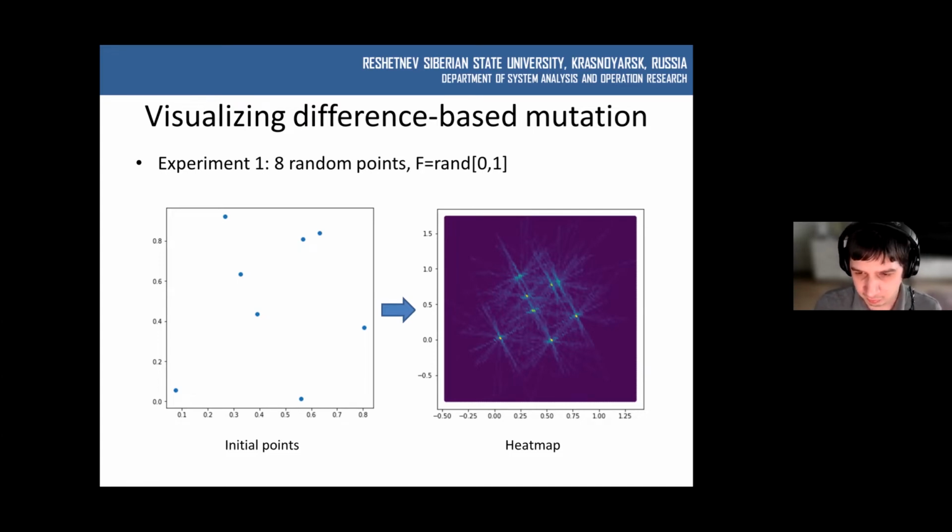Okay, but you can see one important thing here. If we sample uniformly, we see that most of the points end up close to the original points, which is probably not very good. If we use, for example, normal distribution, in this case, with a mean of 0.5, we will get something more interesting.